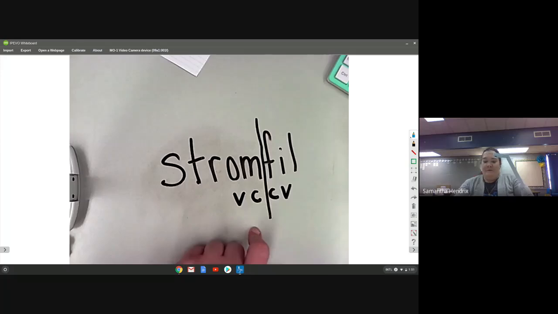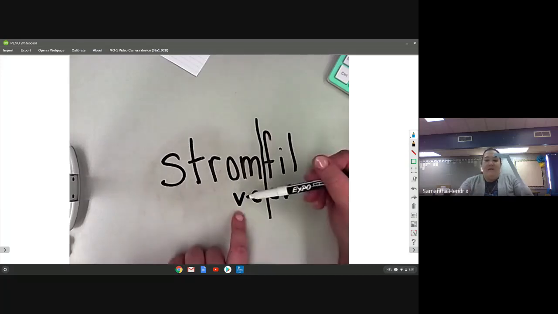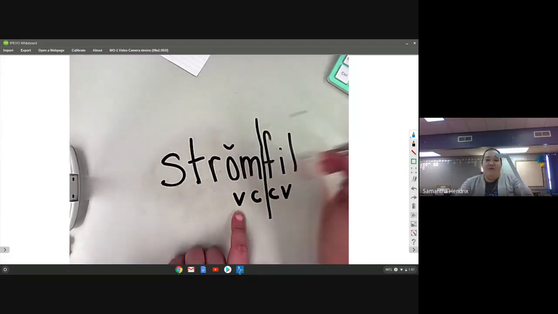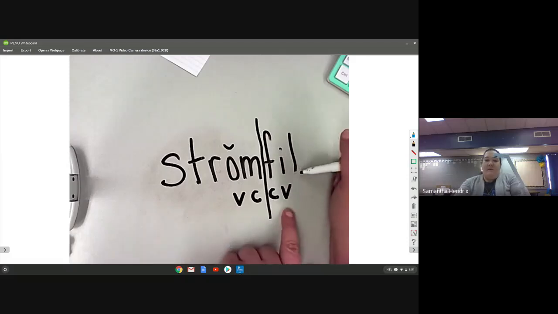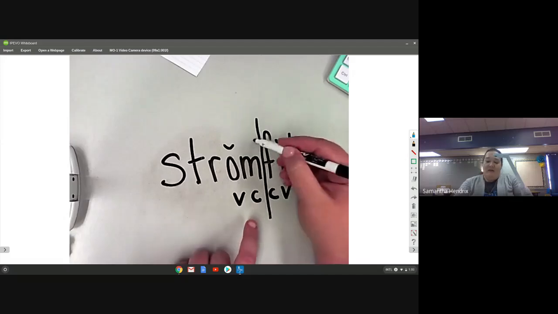Look at your vowel. It's followed by a consonant, so it's going to have a breve. It's a short vowel sound. Here's your vowel, followed by a consonant, so it's a short vowel sound. And we're going to put our accent mark here.